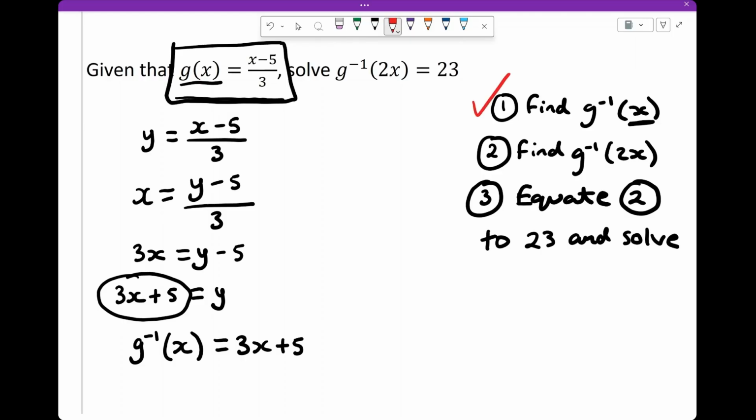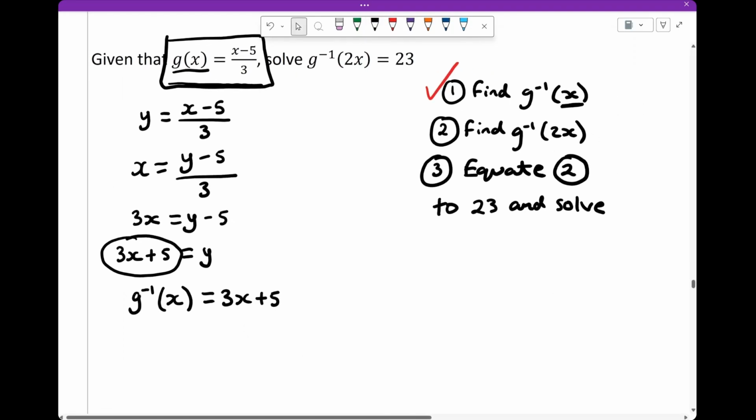We now need to move on to step 2, which is finding inverse g of 2x. So in order to do that, I have to go to inverse g of x, and I'm going to replace the x here with a 2x. So I would get inverse g of 2x, and to find the expression for it, I'd have to go to the right-hand side of inverse g of x and replace all of the x's, so this x here, with a 2x.